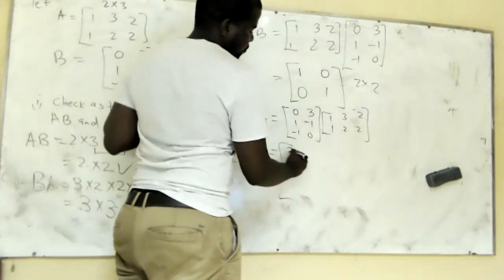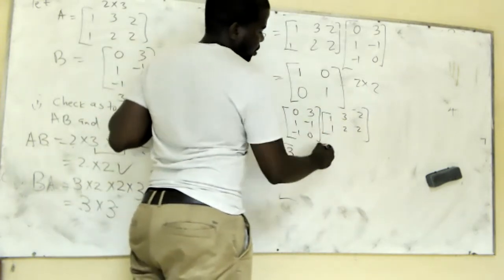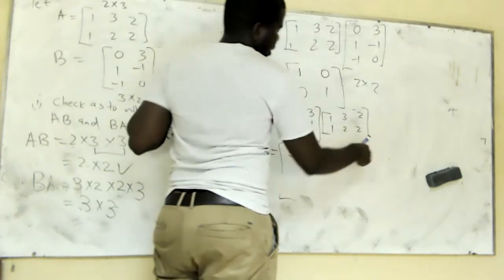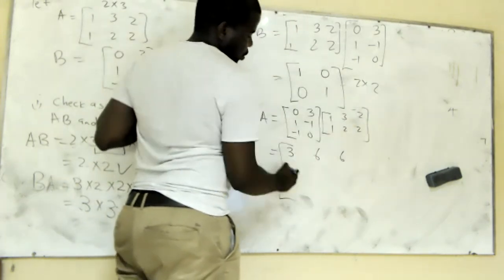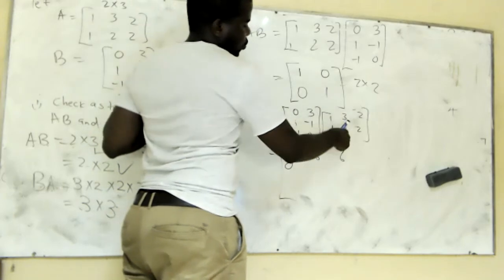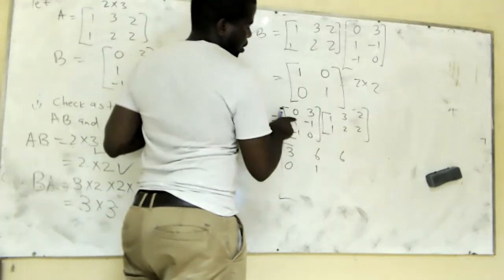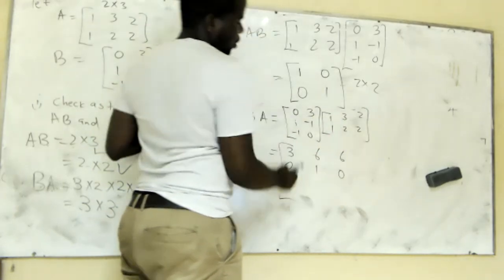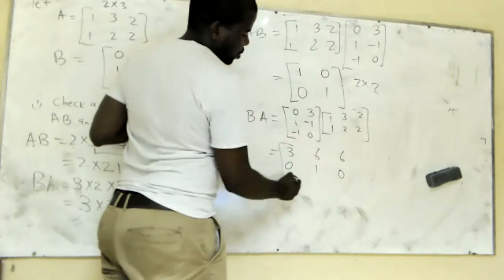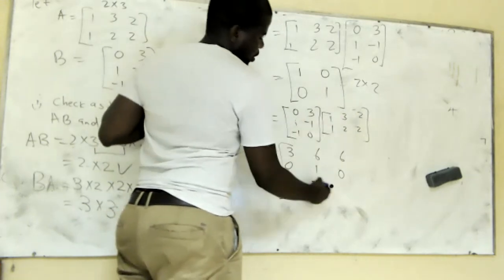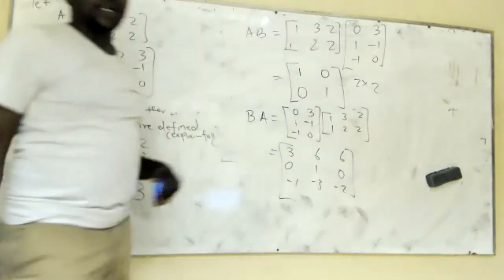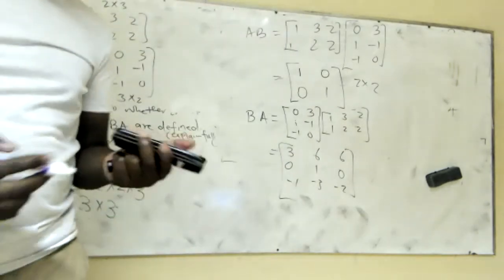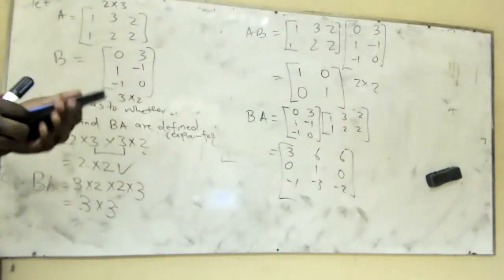So it's going to be 3 for the first one, this with that, it's going to be 6, and then this with that is going to be 6. And for the second one, this with that is going to be 0, and then this with that is going to be 1, and then this with this is going to be 0. And for the last one, this with that is going to be negative 1, this with that is going to be negative 3, and then negative 2. So that's the 3 by 3 matrix that we are looking for, and is the proof that we wanted to get.